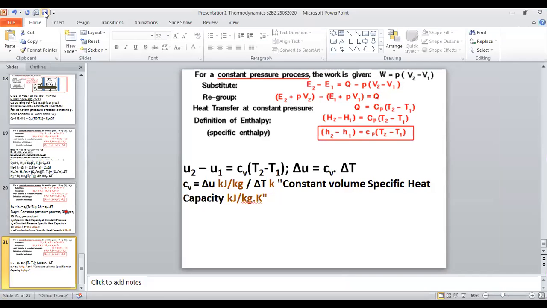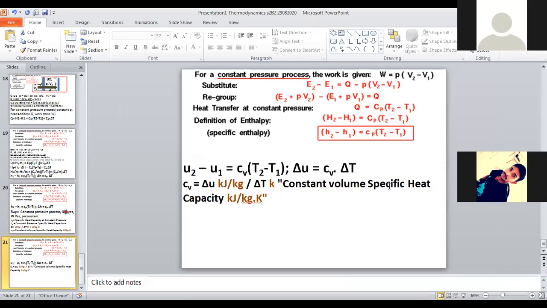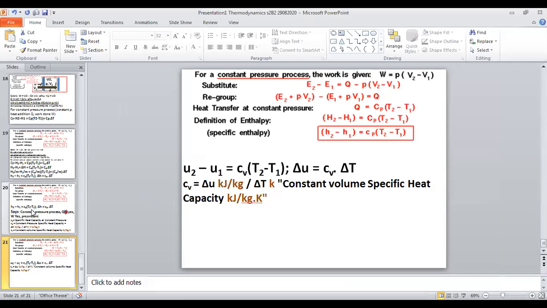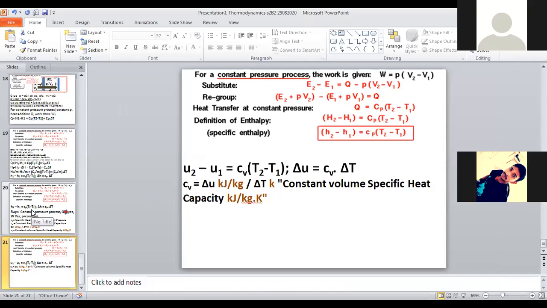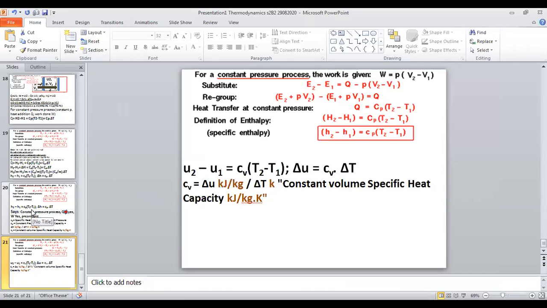For the next class, we will go for very important concepts about energy balance. Today also you learned a bit about energy balance, don't worry. Next week we will understand the steady flow energy equation and also energy balance for the closed system. Both we call the first law of thermodynamics.